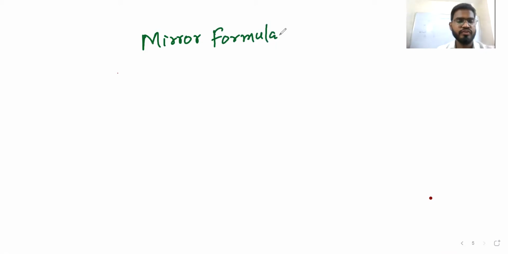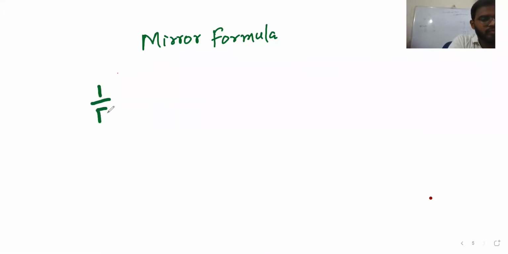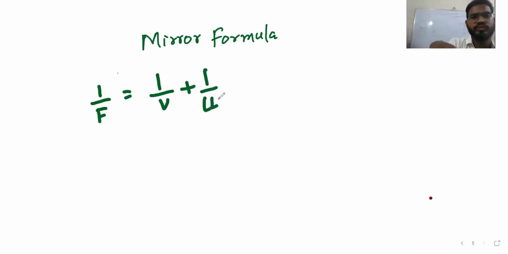The mirror formula is 1 by f equals 1 by v plus 1 by u.